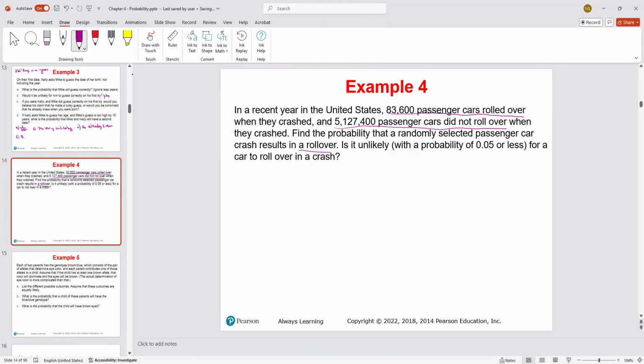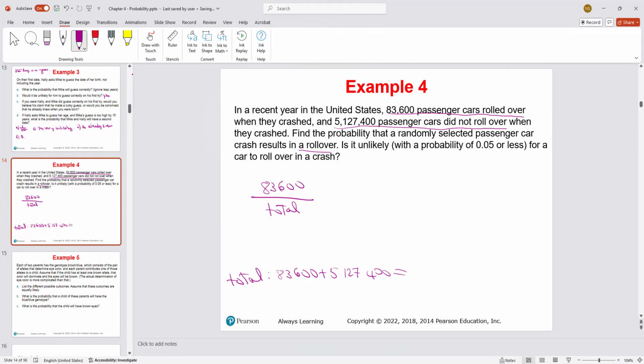What's the number for rollover? The probability would be the number of rollovers, which is 83,600, divided by what? Because in order to find probabilities, it's usually over the total. So the total in this study is 83,600 plus 5,127,400.